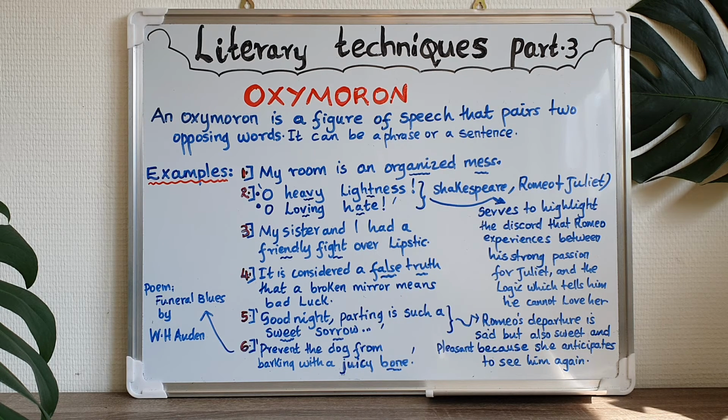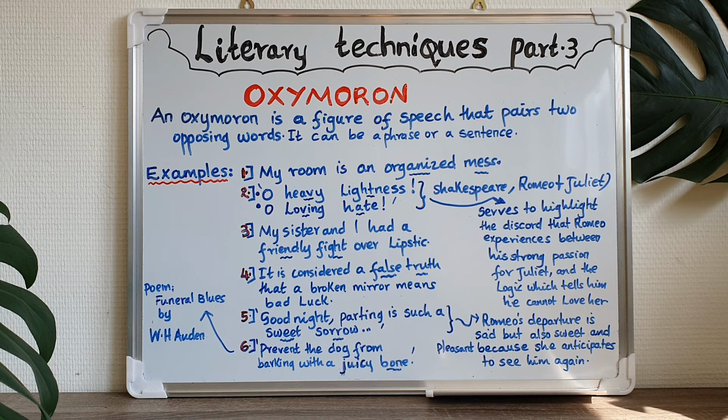Okay, if you're interested, you can look up that poem. And this is a line that employs oxymoron in a very beautiful way, because we have the words juicy and bone.